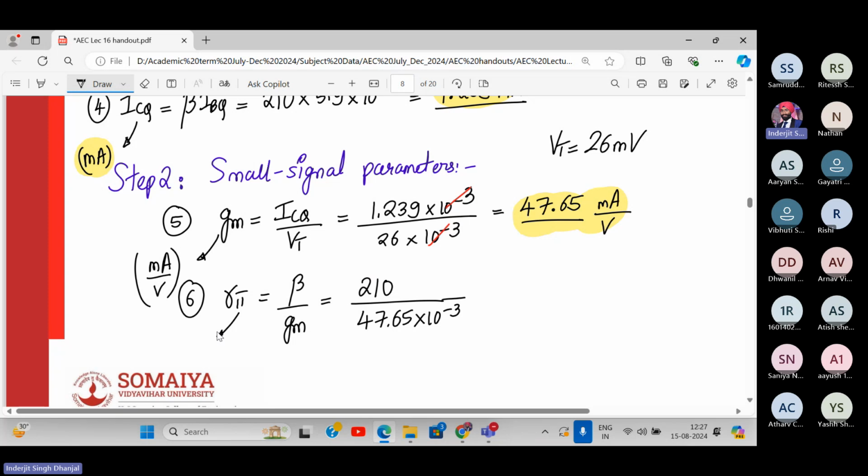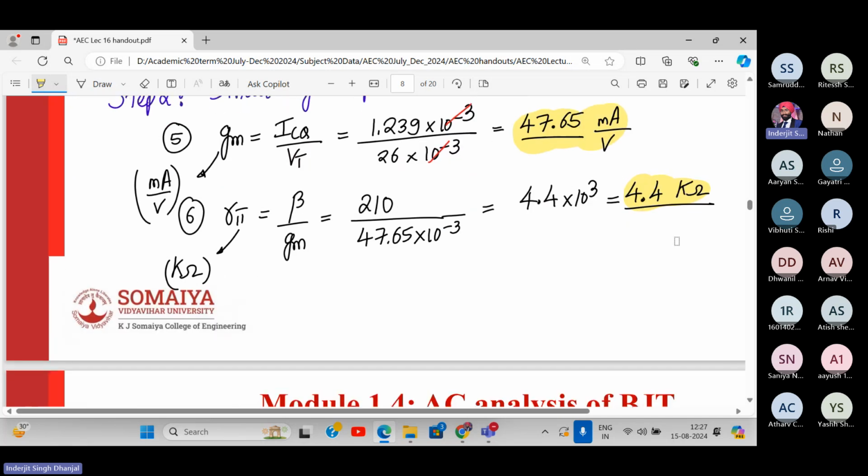This R pi will be in ohms or kilo ohms. So tell me how much is this answer? Is it 4.4 into 10 raised to 3? Or we can write 4.4 kilo ohms. Is this the answer you got?